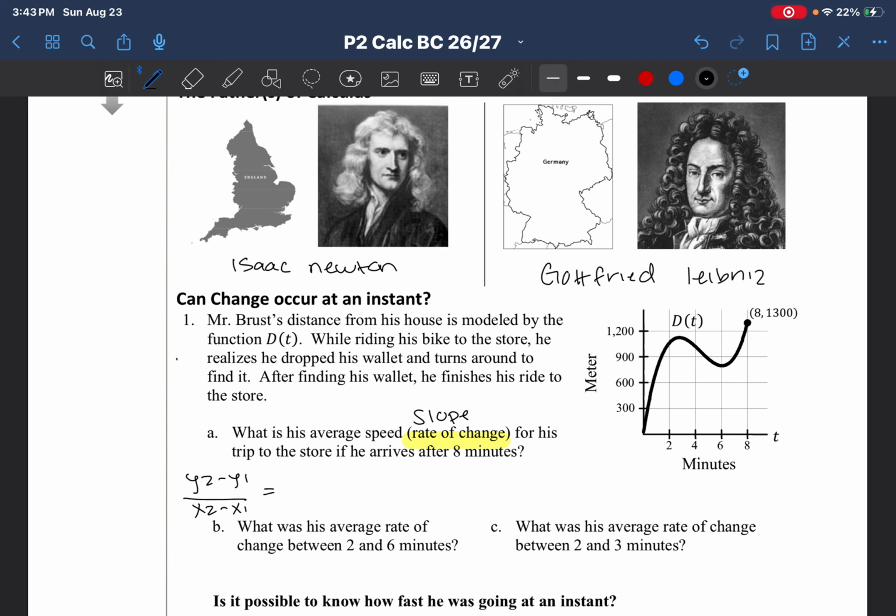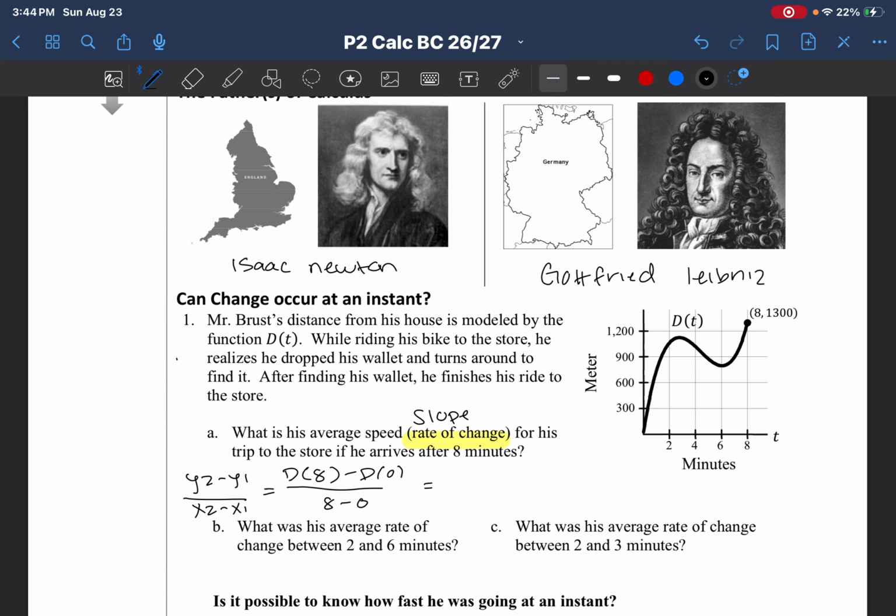So to put this in terms of our graph, since this is in terms of d of t, we're going to do d of 8 minus d of 0 over 8 minus 0. Because it says after 8 minutes, meaning when he first starts his trip, the time is 0, okay?